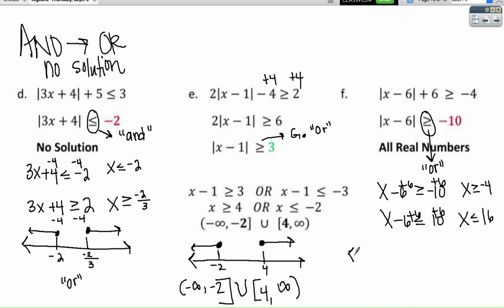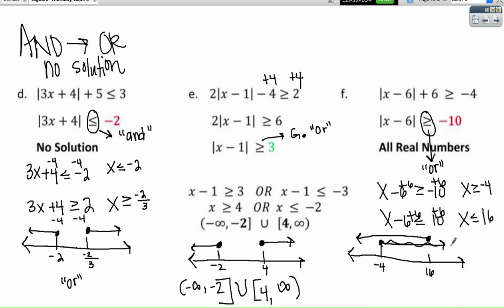So if I go to graph this, I've got at negative 4 a closed in circle going to the right. At positive 16, I've got another closed in circle going to the left forever. If it's originally supposed to be "or," it only technically has to be one or the other, or it could be both, but it only has to be one at a time.